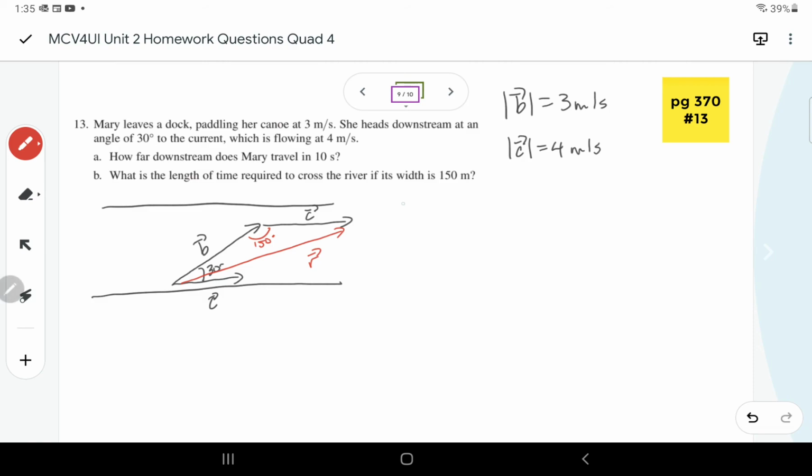So we want to know what's the magnitude of the resultant. And that's going to be cosine law. So we've got 3 squared plus 4 squared minus 2 times 3 times 4 times cos 150.